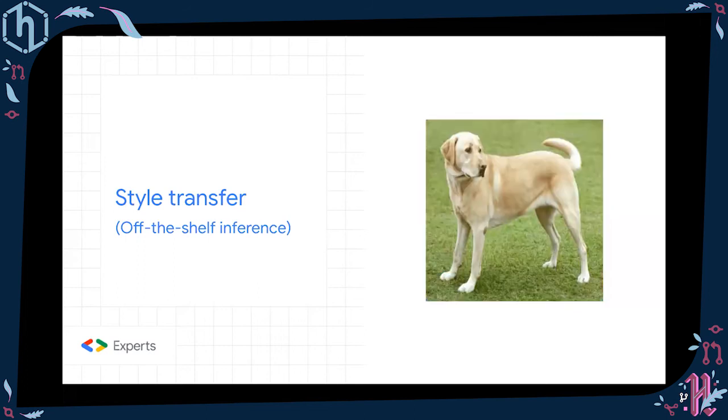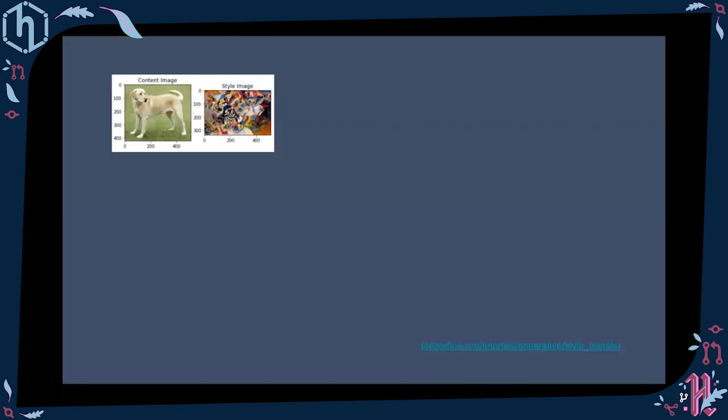And TensorFlow Hub provides us with pre-trained models that can do that. So probably your content image is this dog, and you would like to see how this dog might look if it was painted in this sort of style image kind of manner.